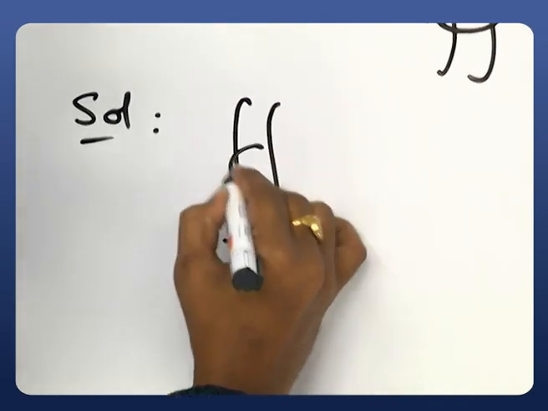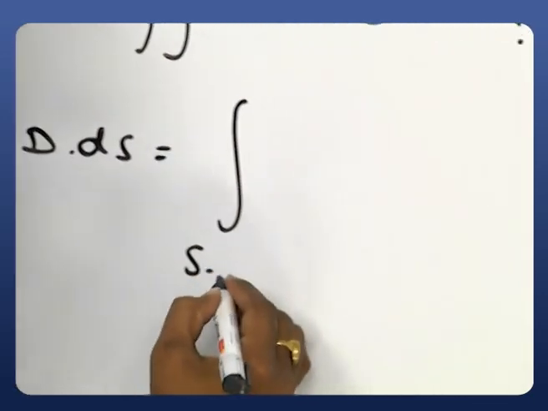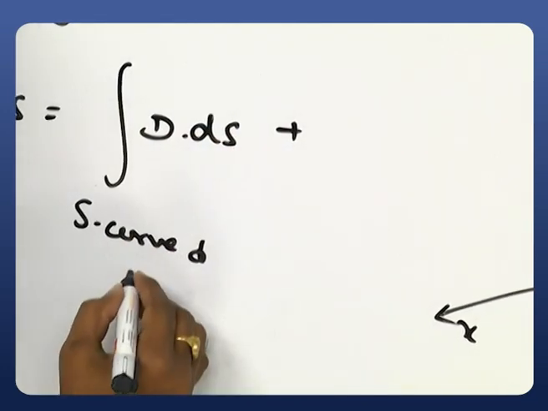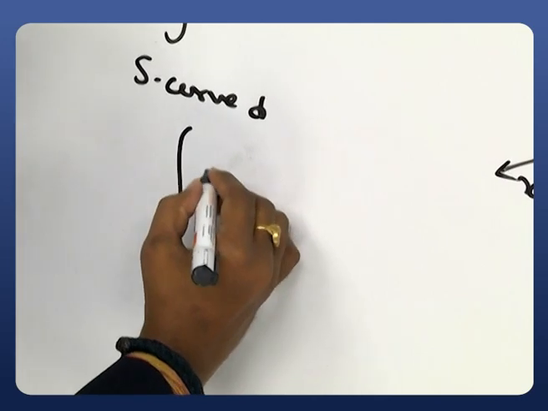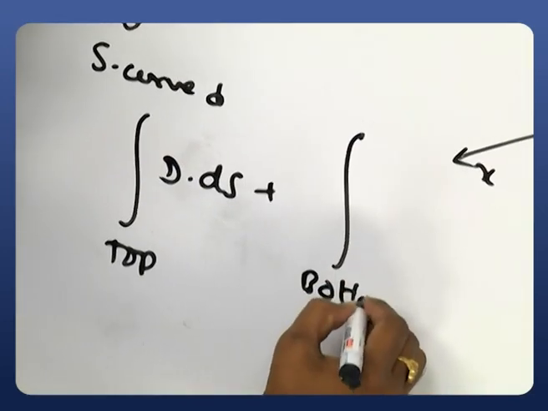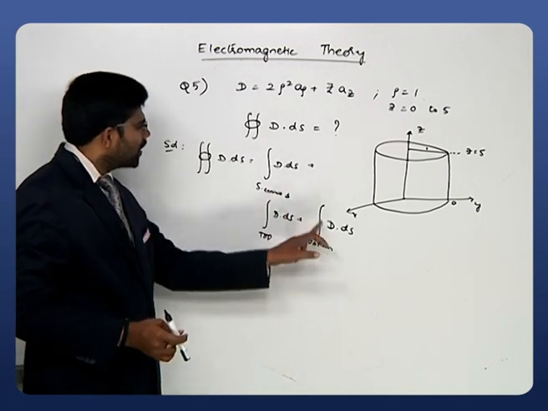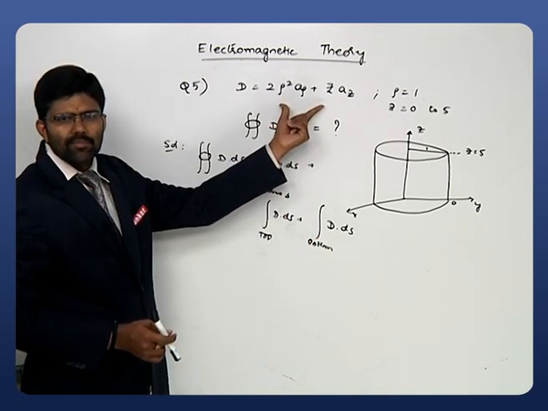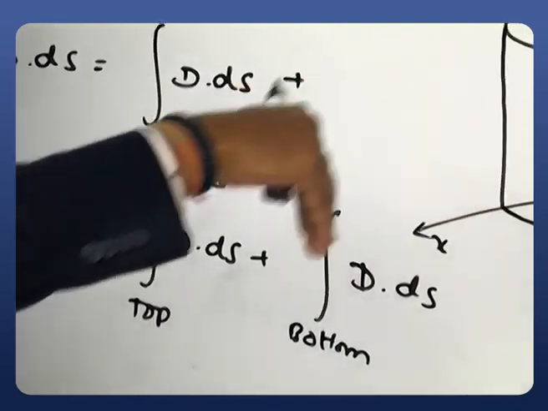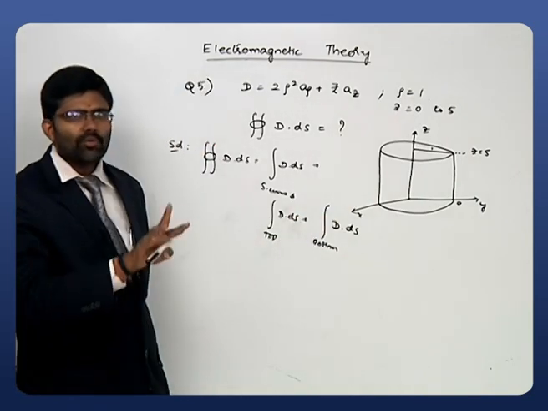The total closed surface integral of D·dS equals the curved surface D·dS plus the top surface D·dS plus the bottom surface D·dS. Here clearly observe, in all these cases D is the same, only one D function is given to us, but this dS will vary. The differential surface for the curved one, for the top one, and for the bottom one will vary.